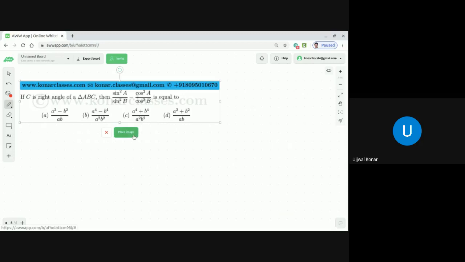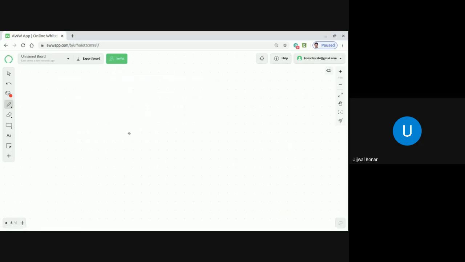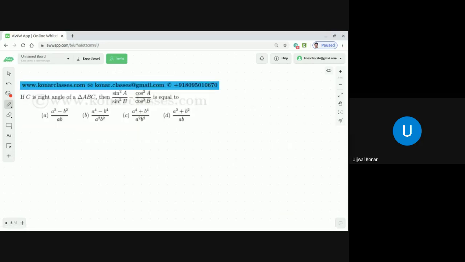If C is the right angle of a triangle ABC, then what is the value of sine square A by sine square B minus cos square A by cos square B?